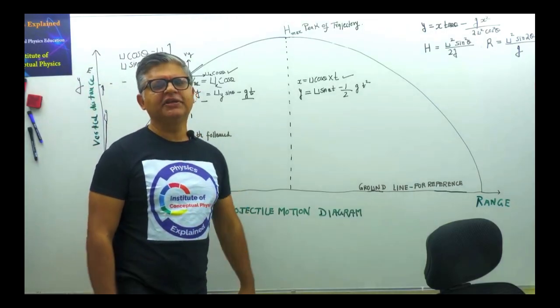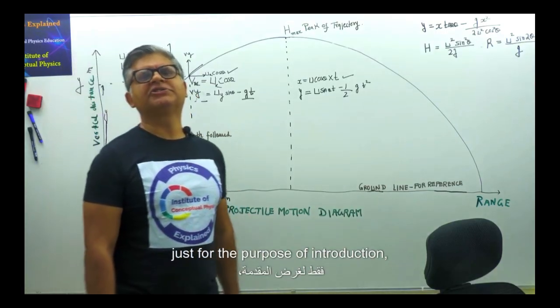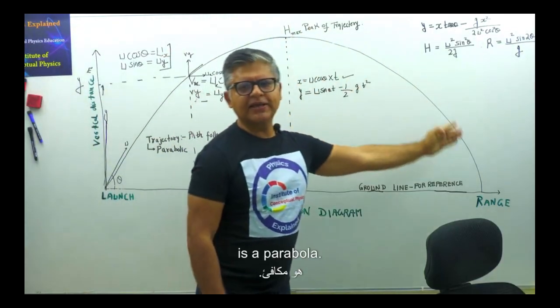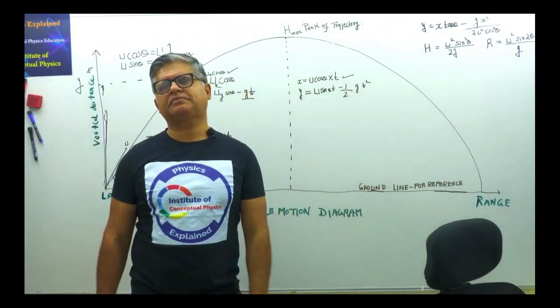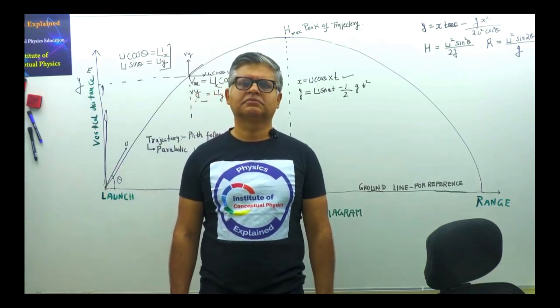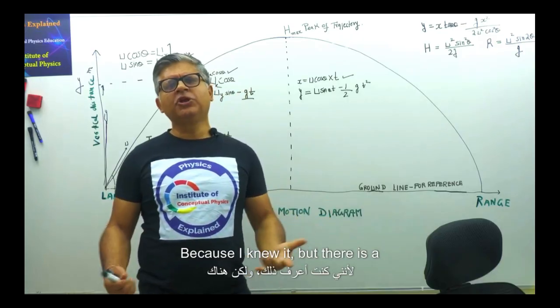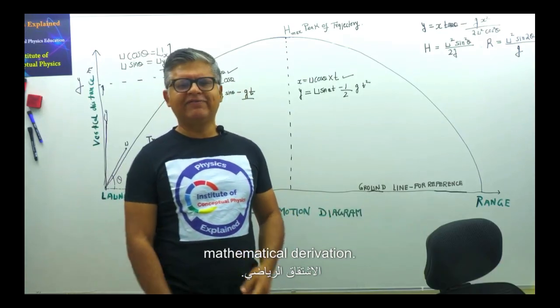I said initially, just for the purpose of introduction, that this motion is a parabola. Why did I say that? Because I knew it, but there is a mathematical derivation.